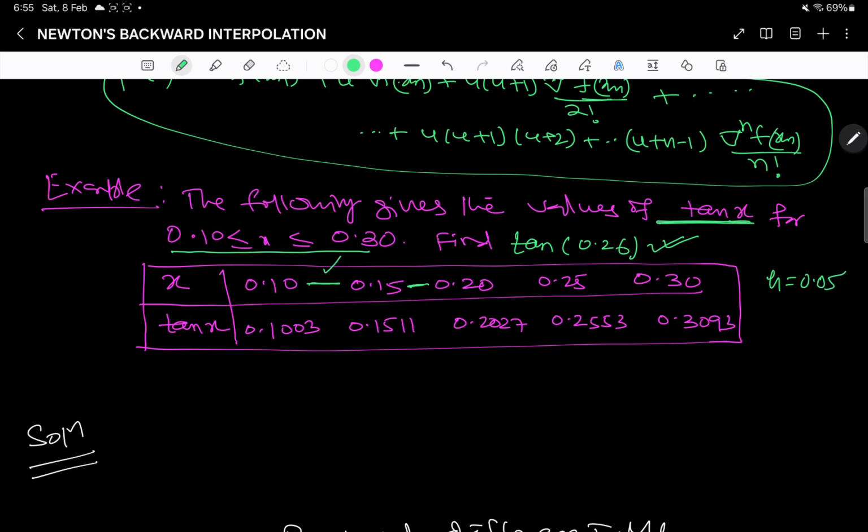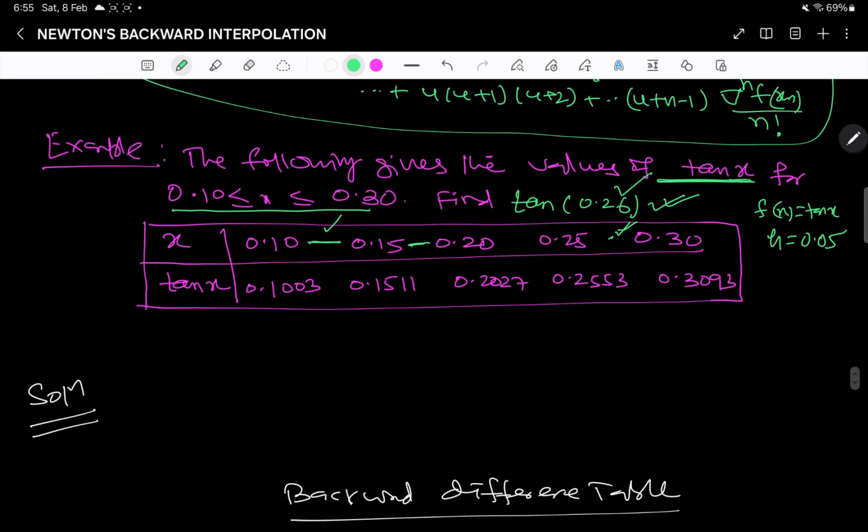This gap is 0.05. Now it is asked to find tan of 0.26, where fx is my tan x. This 0.26 is close to the end, so we use Newton backward.